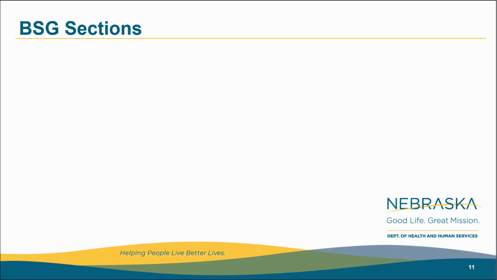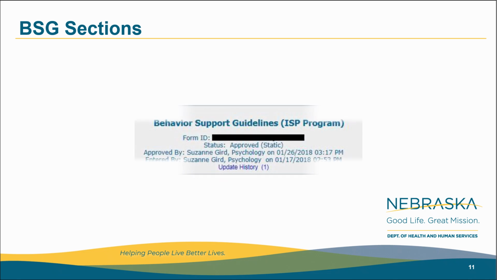We won't spend a lot of time on the first few sections, but we'd like to briefly familiarize you with them. The very top of the BSG gives you the name of the program, the status, as well as who approved and entered the program. You'll also be able to see if there have been any updates.